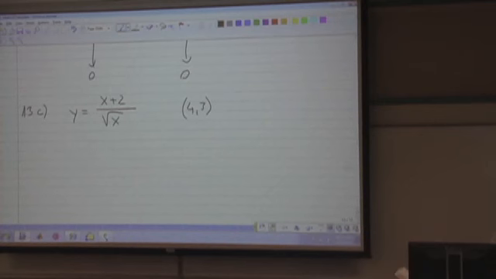So, what do we need to do? Exactly. It says find the equation of the tangent line. What you should get from that is we need to look at dy over dx. So now what is the derivative?